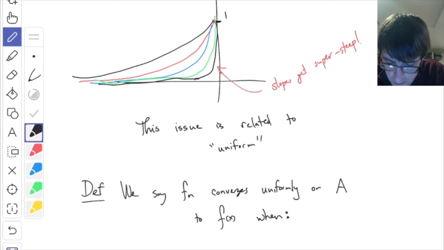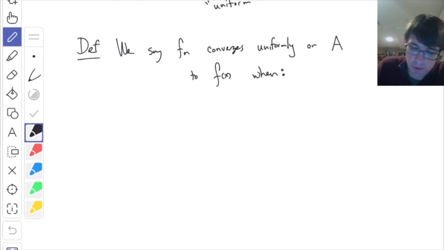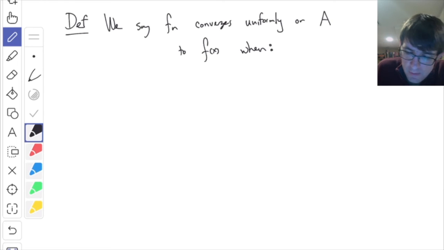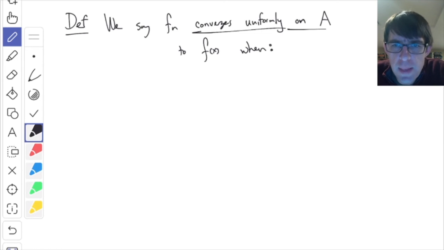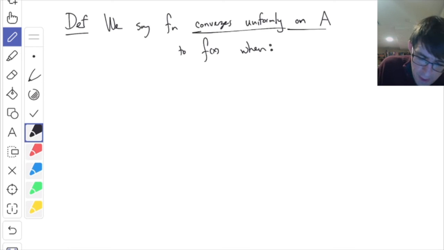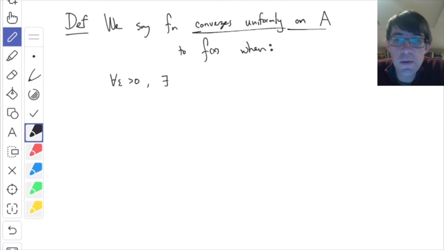And uniform convergence of functions is a similar thing. So we say the sequence of functions converges uniformly on A when, unfortunately, I do have to write the epsilon stuff for this definition, because you can't get there without writing it. When, for all epsilon greater than 0, there exists... now this is going to look like the definition of a sequence converging. We haven't done this in a while, but I'm sure you have fond memories.